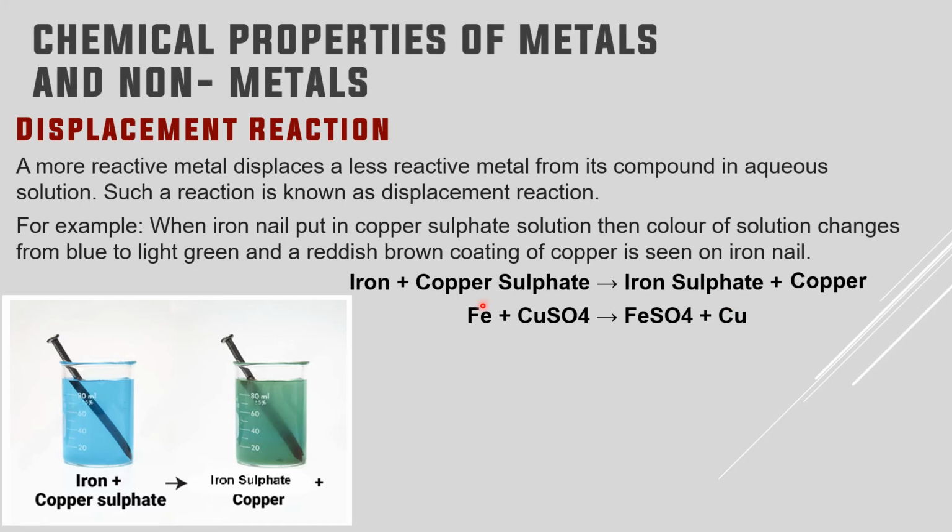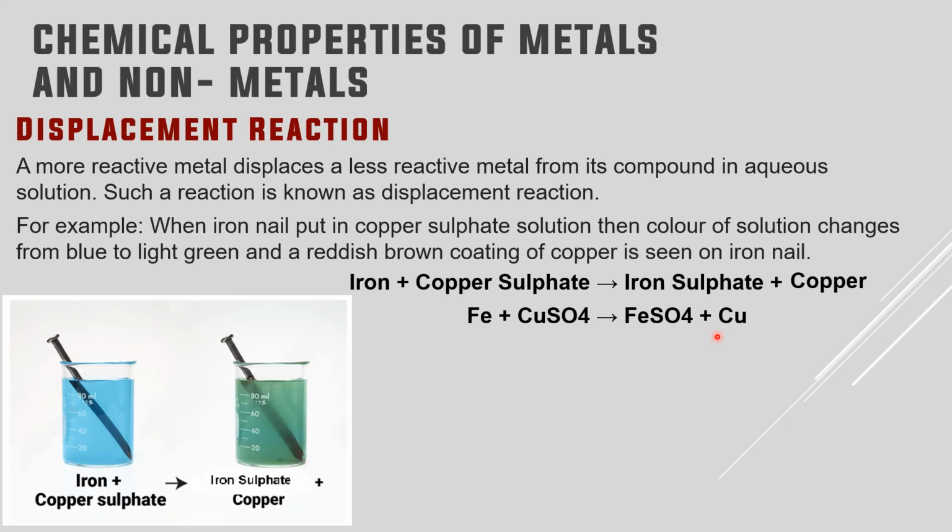First it is copper sulfate, and this iron comes here, so it is called iron sulfate, and copper is here. Using the chemical symbols, iron is Fe and copper sulfate is CuSO4, which gives FeSO4 plus Cu. I think you already studied this in 7th standard.